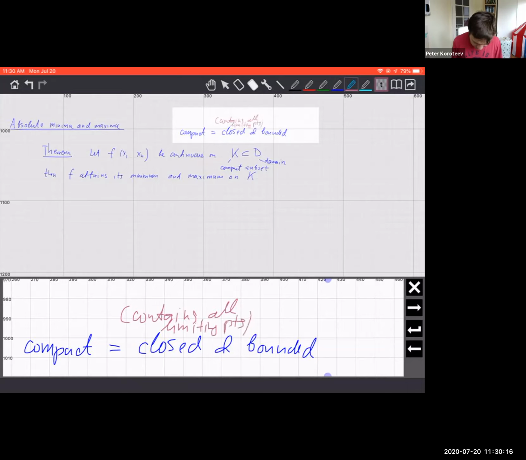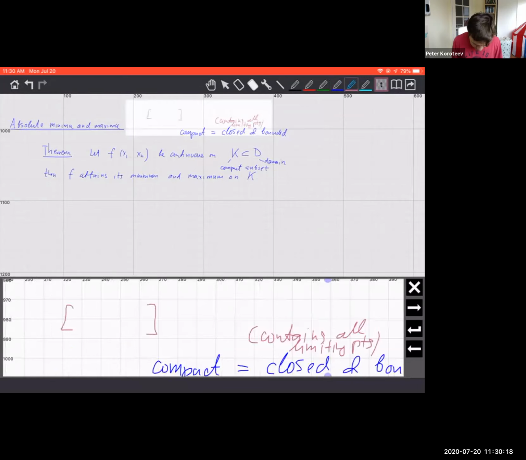For example, the reason why interval [0, 1] is closed is because if you take any sequence inside the interval, the limit of that sequence will be contained in that interval, right? So the sequence 1 over n approaches 0, and 0 is inside the interval. So if you exclude 0, you take an open interval, it's not closed because of that reason.